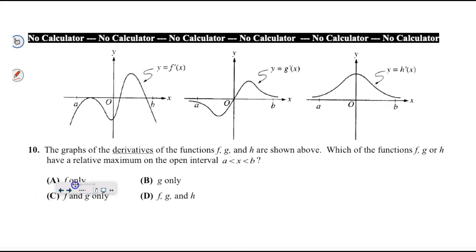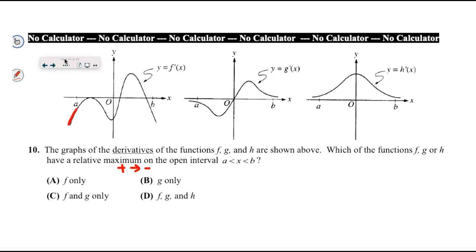That one was worth 2 points. This next one was also worth 2 points, basically an all or nothing for this guy, but these are the derivatives of 3 functions, and which of them have a relative maximum? That means the derivative needs to go from positive to negative, which means from above to below the x-axis.